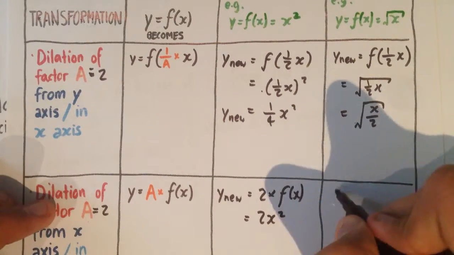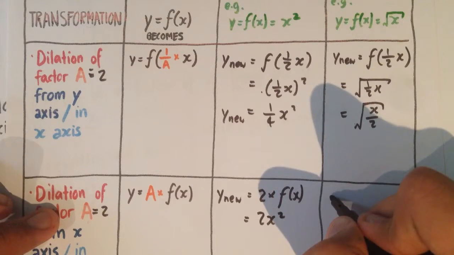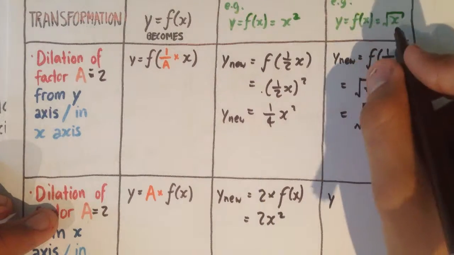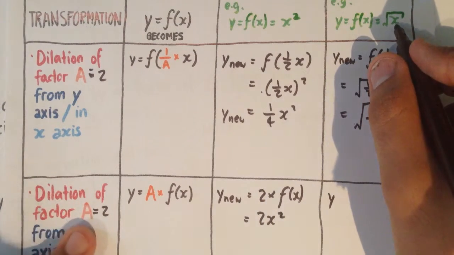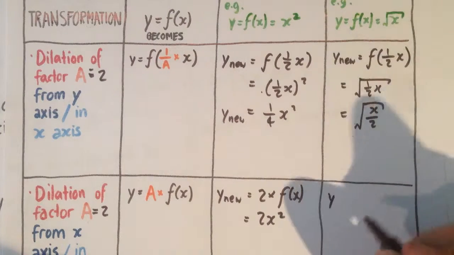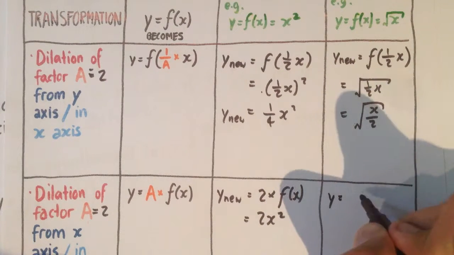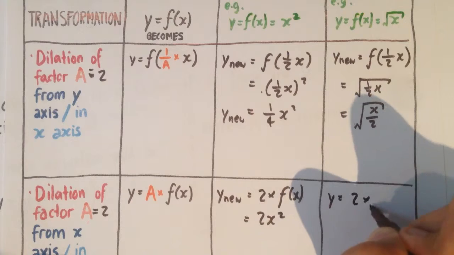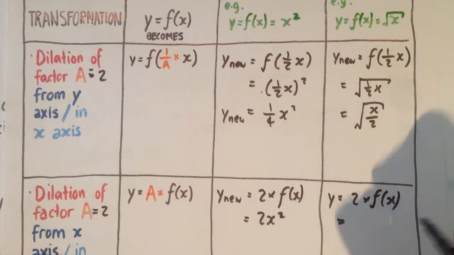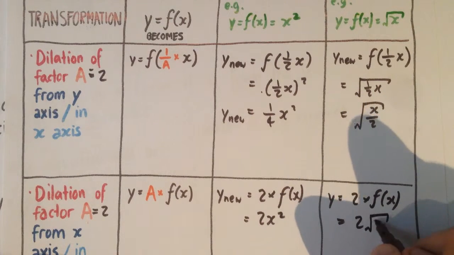Easy. And if we had y is equal to root x, and we were dilating that by a factor of 2 from the x-axis, then again, just multiplying it by 2. So y is equal to 2 times f of x, which is equal to 2 root x.